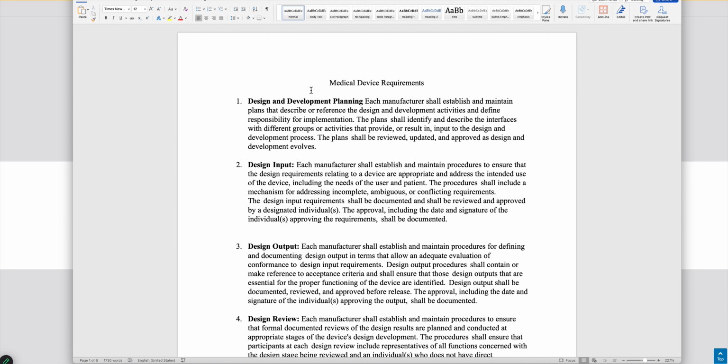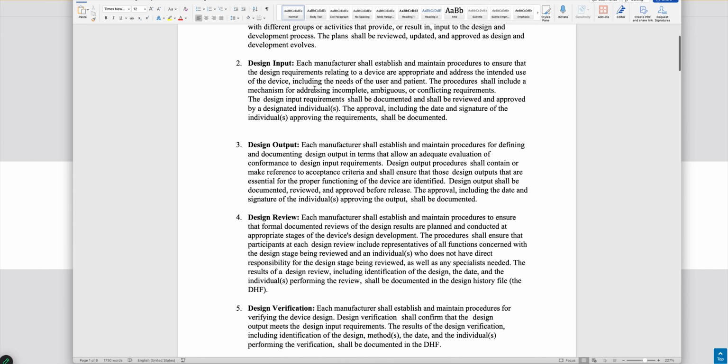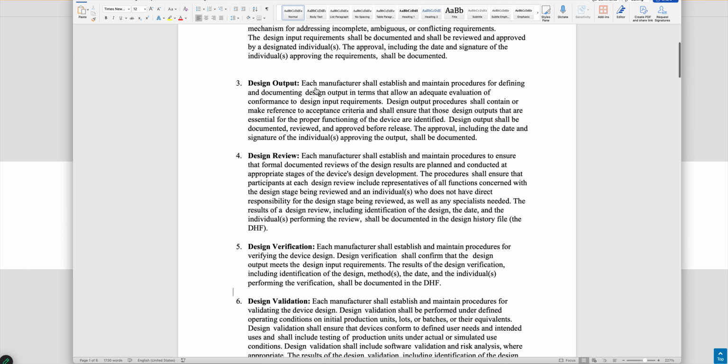We also need to review, so we have to document that we had a committee, a team, reviewing the device, and then we do the verification and then the validation. Then we start to produce the medical device, and at any step of the production, we have procedures in place to make sure that the production is following the design of the device.